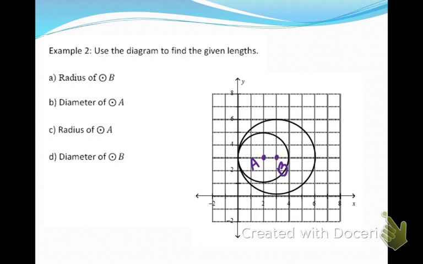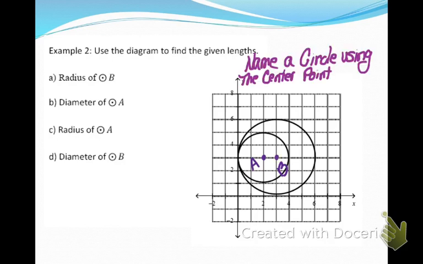To name a circle, you use the center point. If I have a dot with a circle around it, that notation reads circle and then whatever letter is after it, circle B. So in A here it says find the radius of circle B. So I know which circle they're talking about is the one that has B in the center.